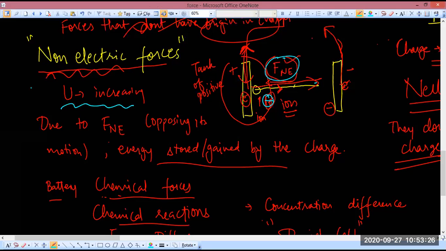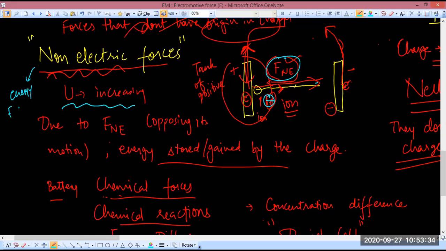So if the potential energy is consumed, I hope you realize that the energy due to the non electrical forces will decrease. Energy of the non electrical forces will decrease and potential energy of the ion will increase. And now if you do the reverse process, the ion doesn't go left to right, now the ion will go right to left. I hope you understood that.